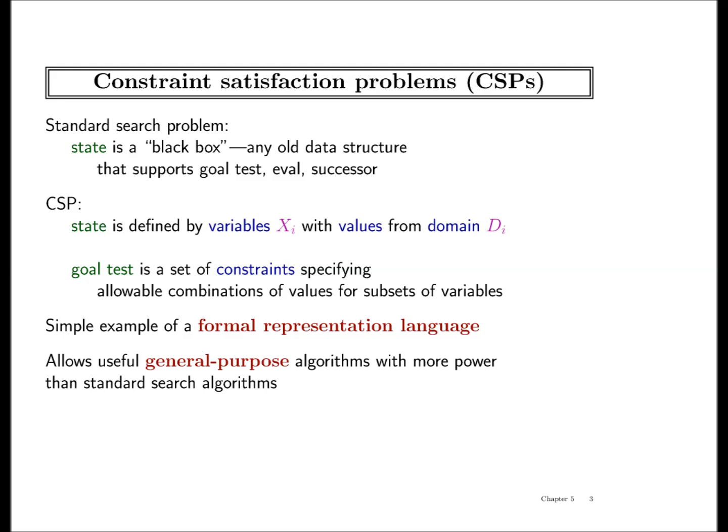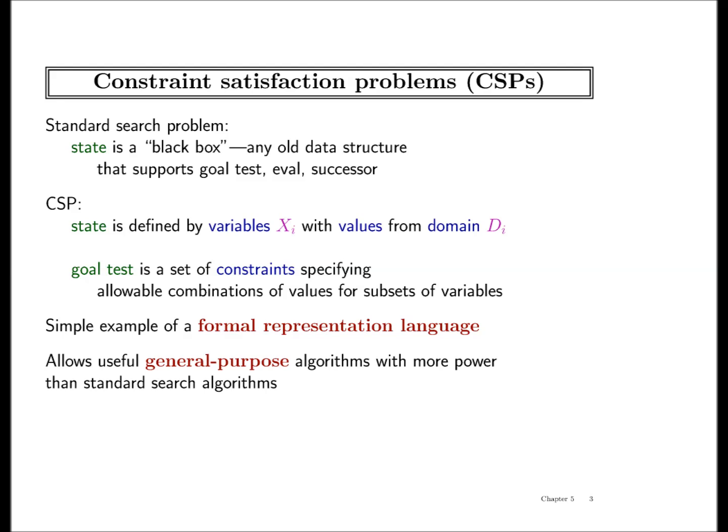So now I have gone inside the goal test also, I have gone inside the state also. And so this is a very simple example of a formal representation language. As I was saying, AI is representation. So the representation here is that my state has xi and its values Dn. That's a specific kind of representation that I'm talking about.